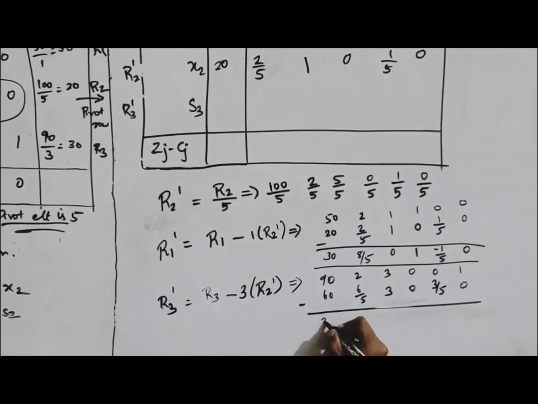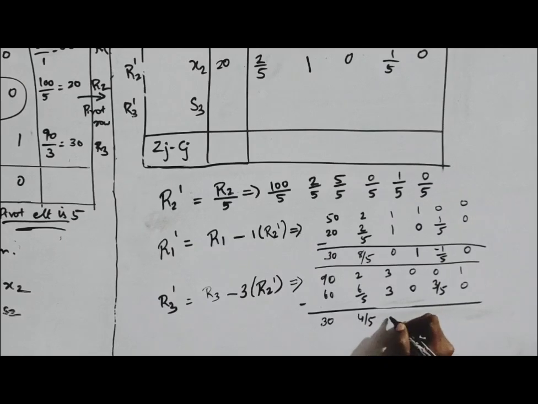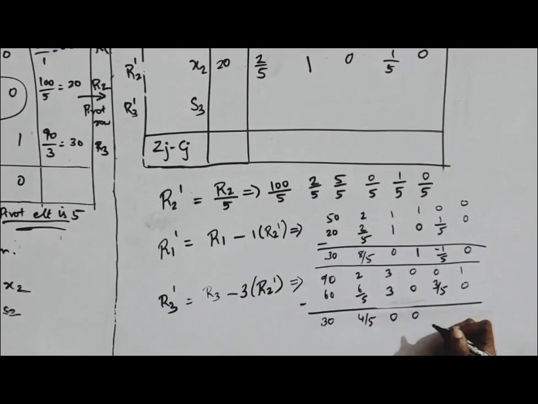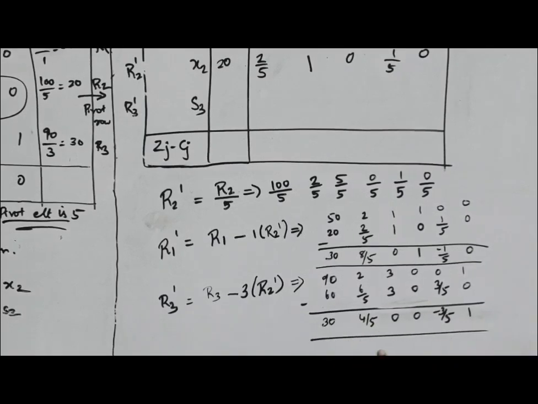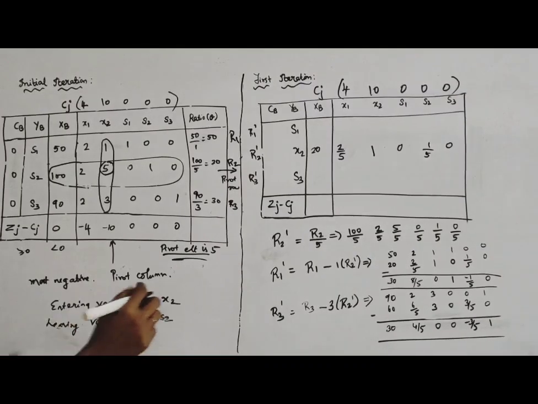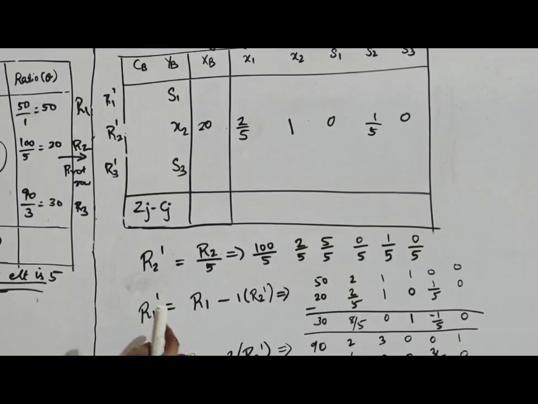90 minus 60, 30. 2 minus 6 by 5, 4 by 5. 3 minus 3, 0. 0 minus 0, 0. 0 minus 3 by 5, minus 3 by 5. 1 minus 0, 1. Therefore, this is the new R3 dash value. Now, we have to write the values. Already we find. What are the values?